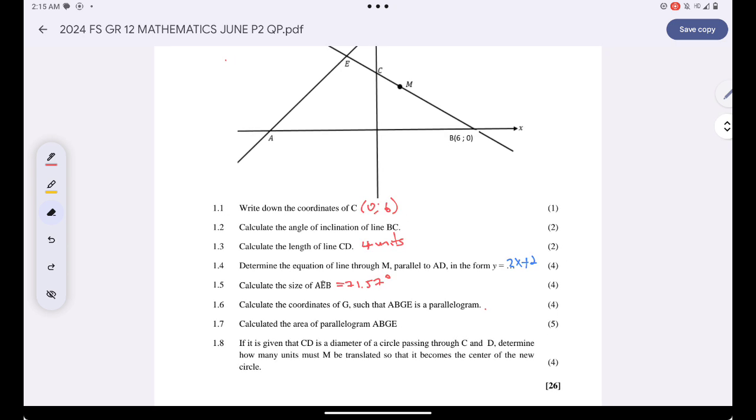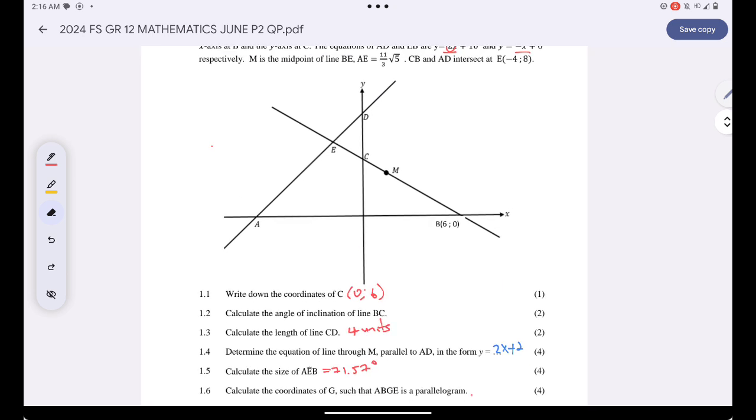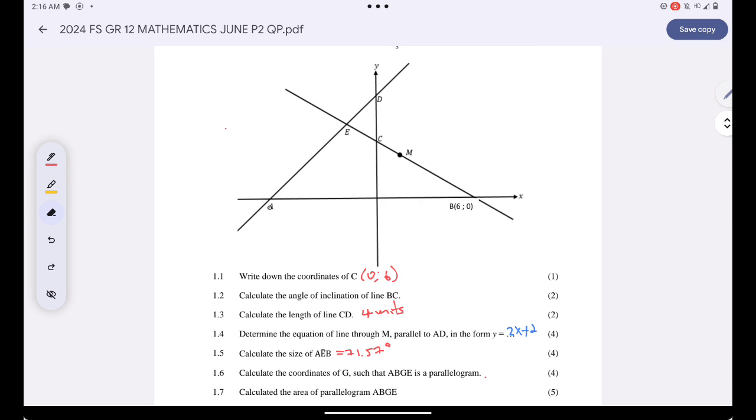Okay, calculate the coordinates of G such that ABGE is a parallelogram. That means G should be somewhere here, guys, such that we have something like this.